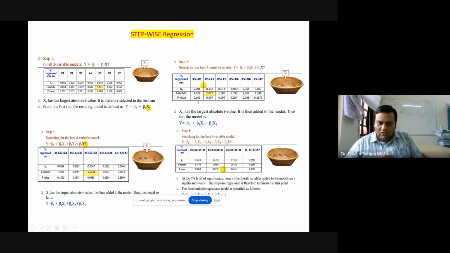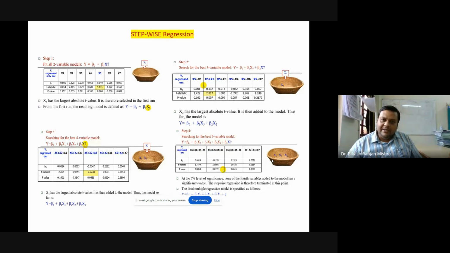Sorry, over and above x5, x2, and x4. No need to take x1 and other variables. On that basis, by taking those 3 variables, you can do your analysis in a simpler and better manner rather than clubbing all the 7 variables.